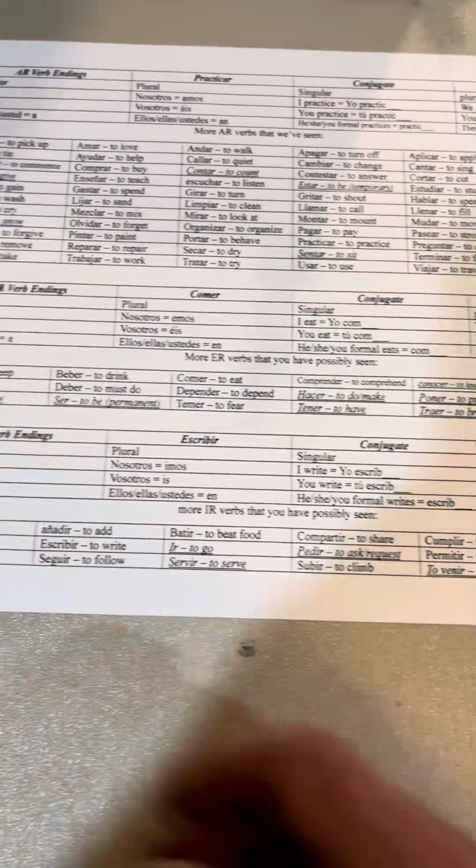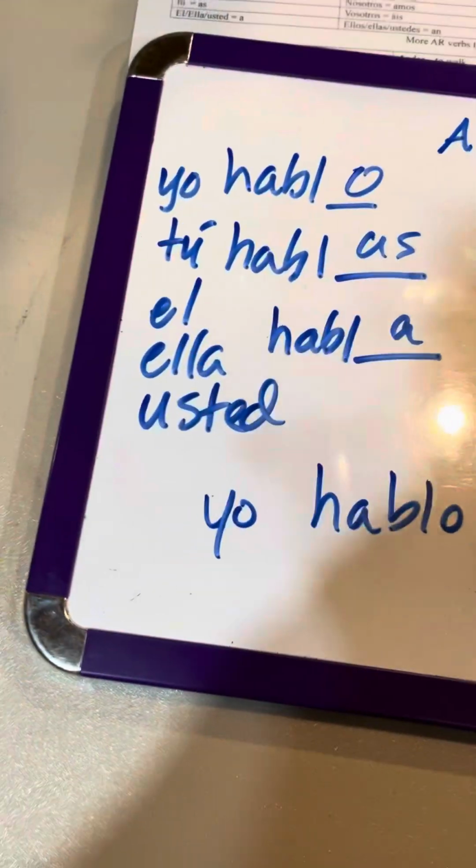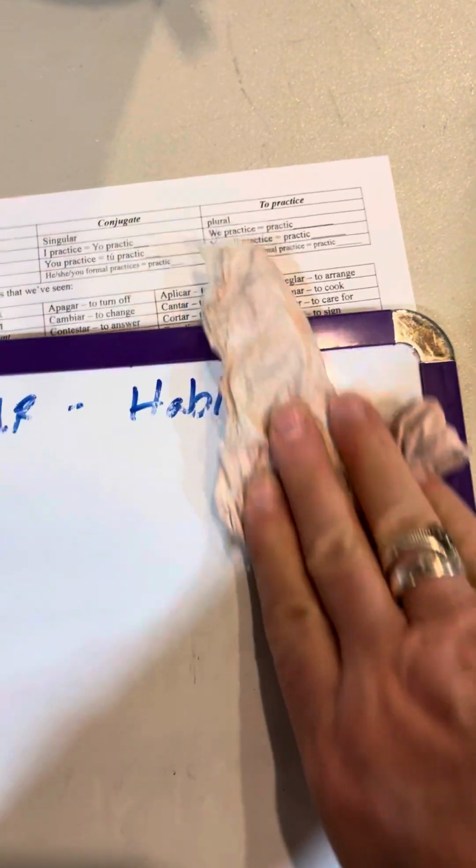So let's take one of those, okay? So we're going to erase this quickly. And we're going to try this out. All right, so let's stick with comer. And how can we say he?